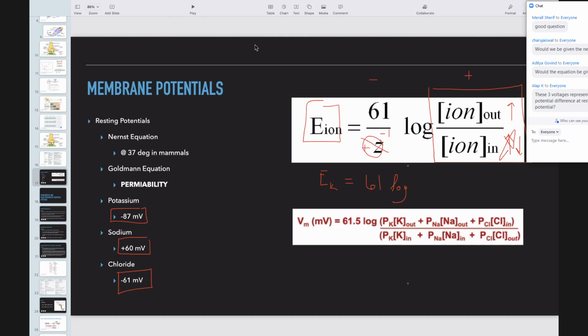If we used a reference point just in looking at a voltmeter, if we use a reference point as the outside of the cell, it would essentially be a positive 70 millivolt resting potential. And so the negative versus the positive is really an arbitrary number.